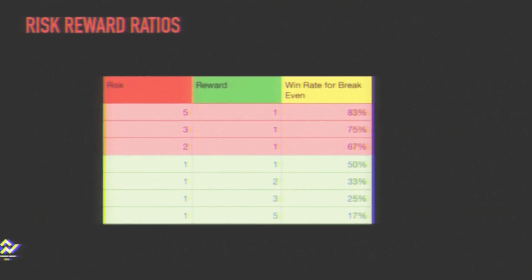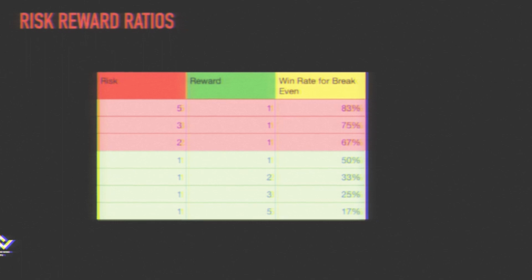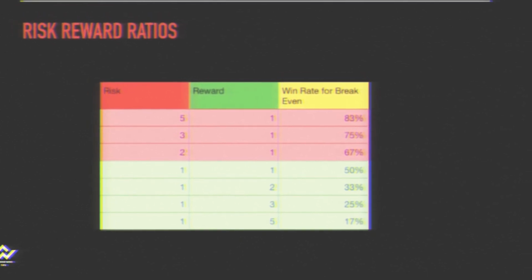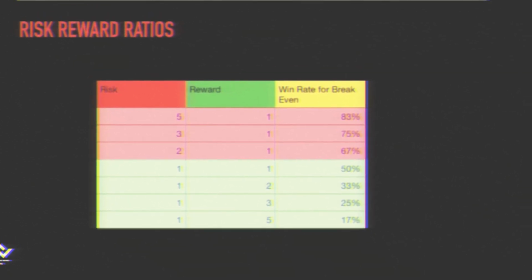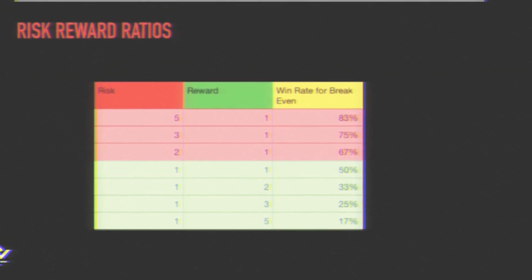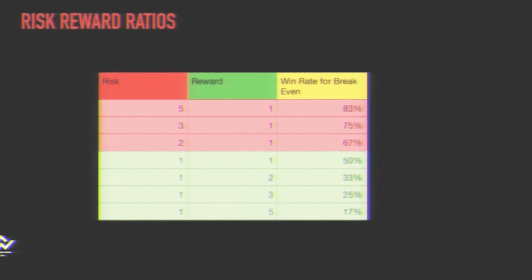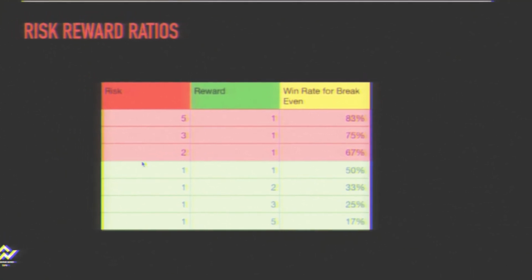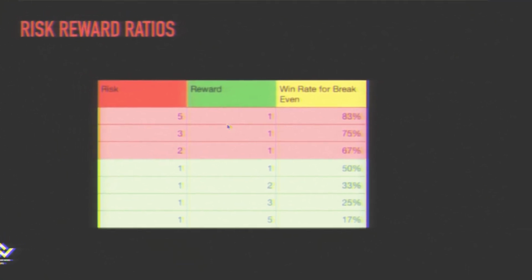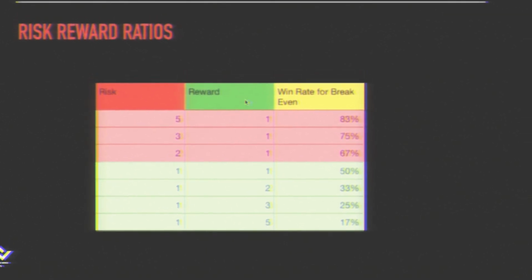So accepting the fact that you will be wrong almost half of the time is why this concept of risk-reward ratios is extremely important. On every trade you make, your profit target should be at least the same amount as your max loss per trade. If I was risking $100, I would want to start taking profit once I'm up $100. This is what we call having a risk-to-reward ratio of 1 to 1. Your risk is the same amount as your reward.